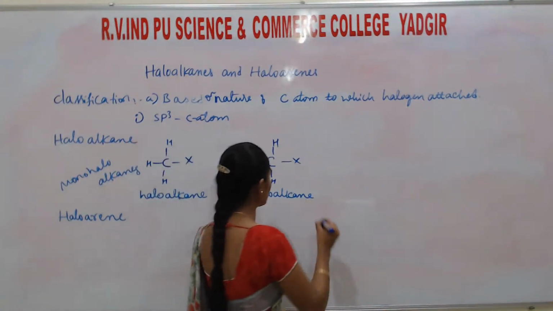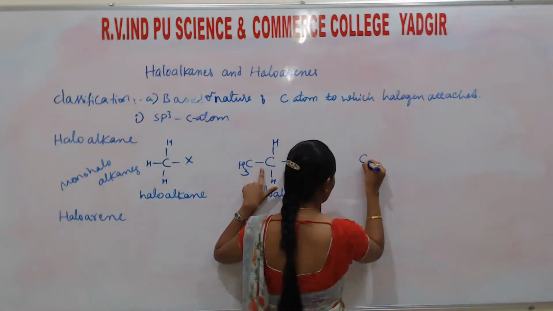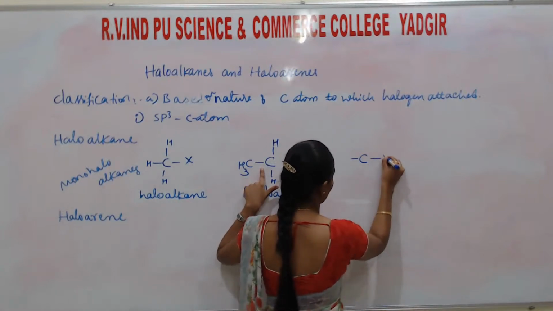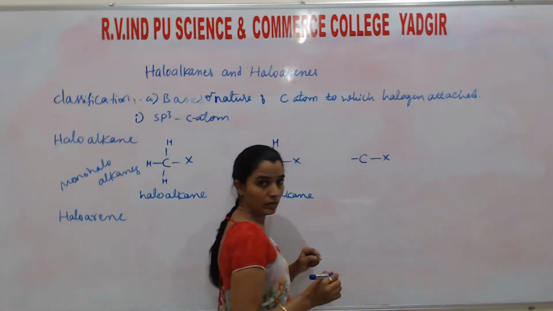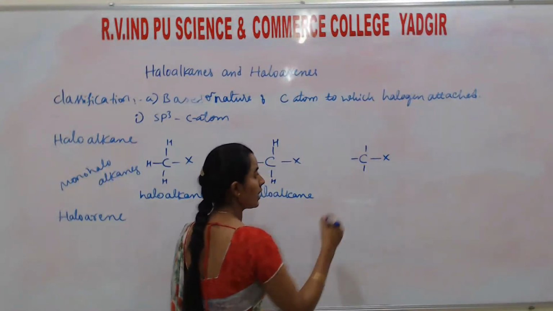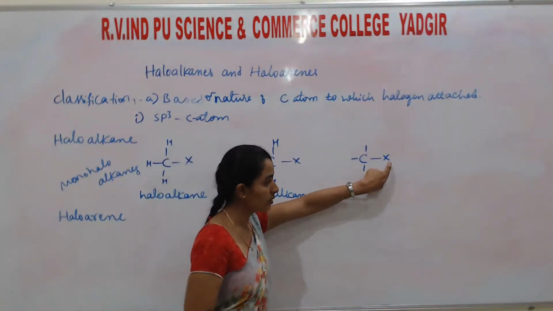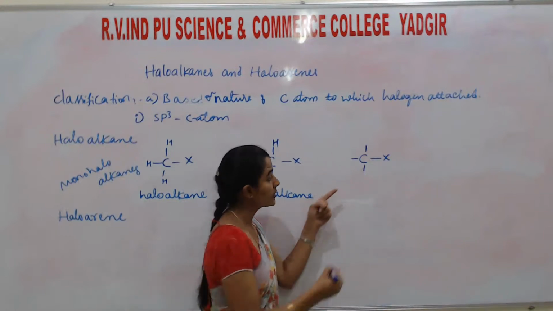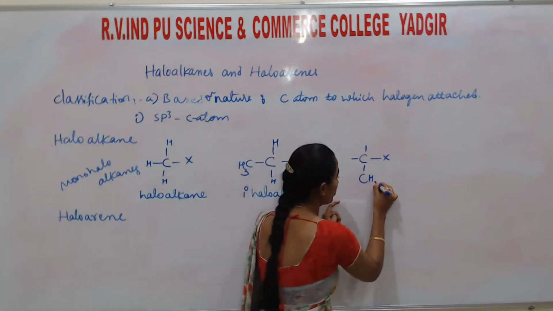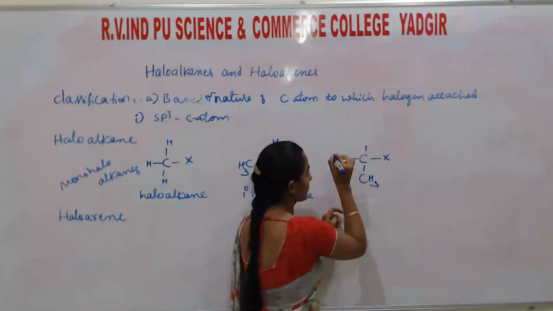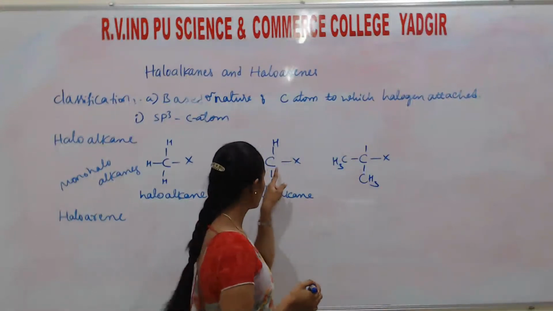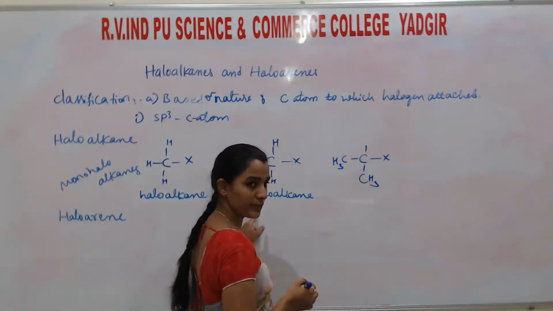Next, the carbon to which the halogen is attached. If this carbon is attached to one carbon, then it is primary.